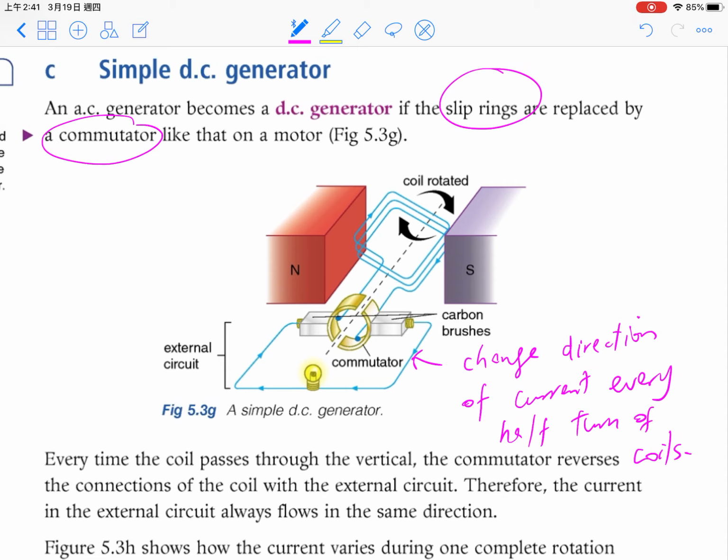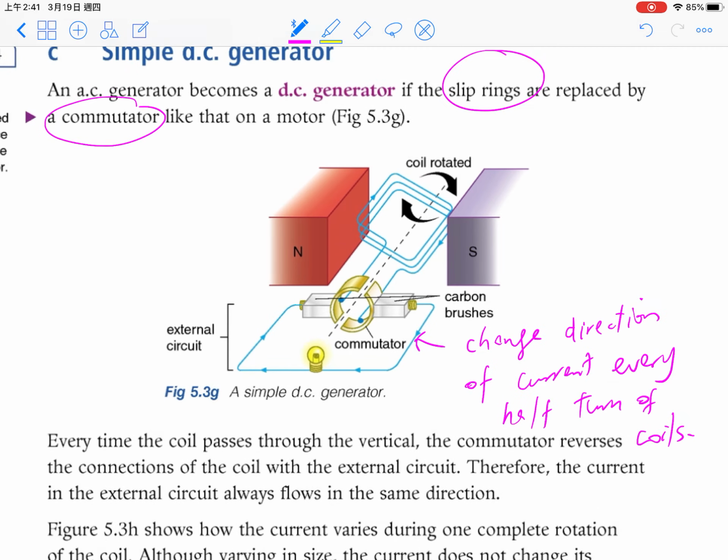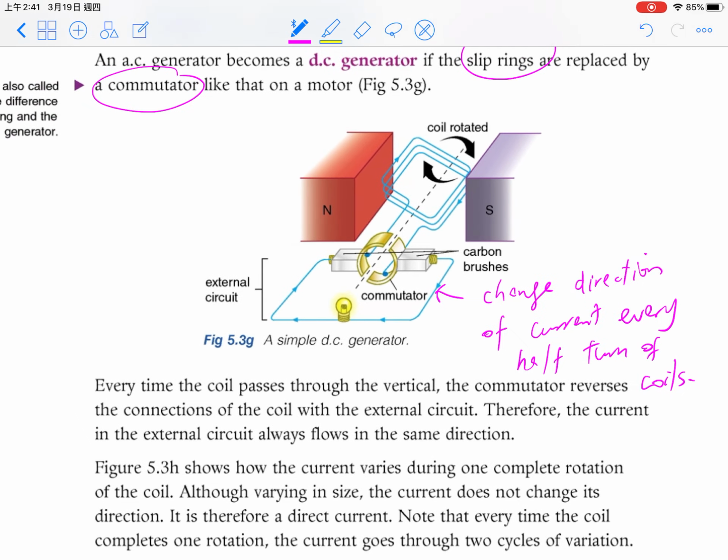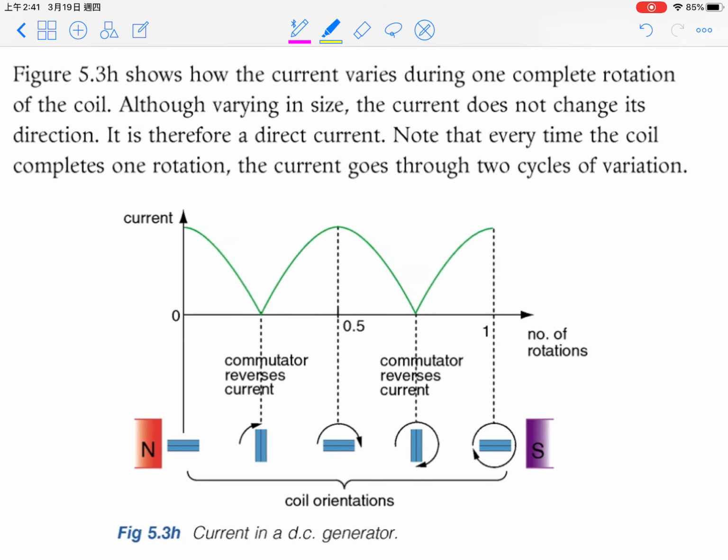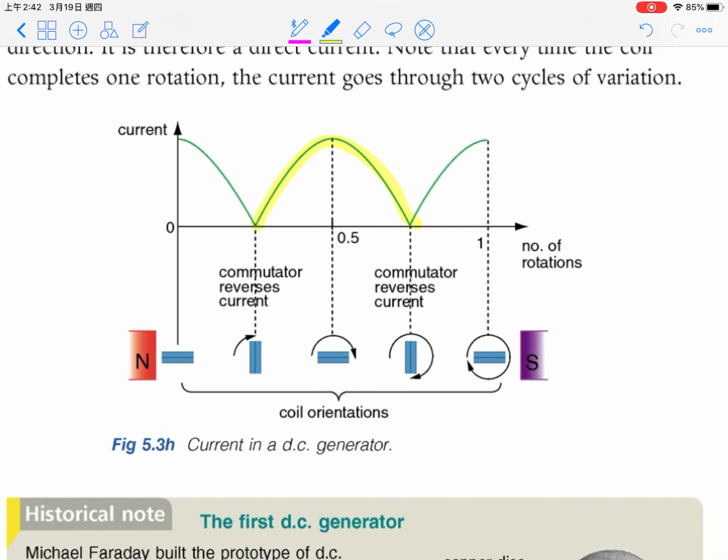Okay, it changes the direction of current every half turn of the coil, so we can have DC, direct current. So the opposite side of current will be reversed. So this is one period.